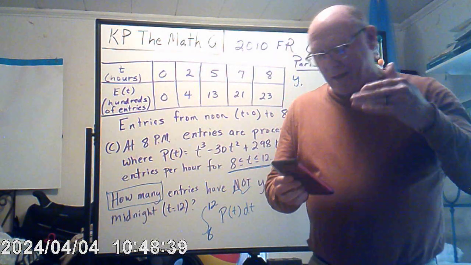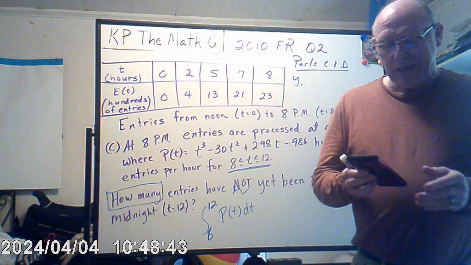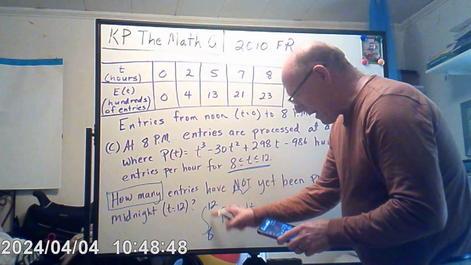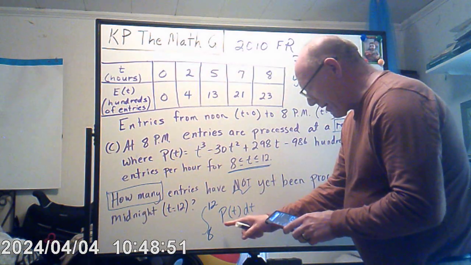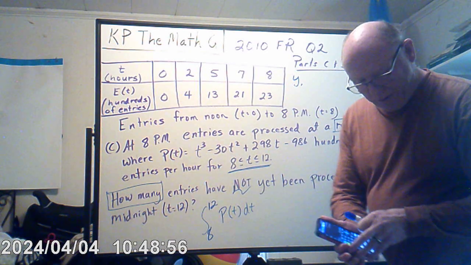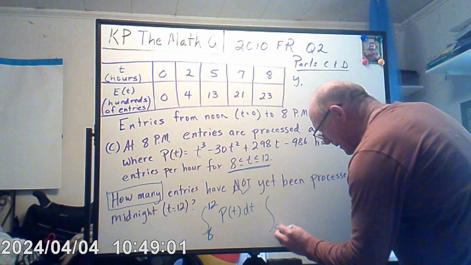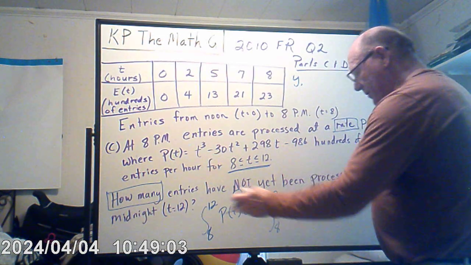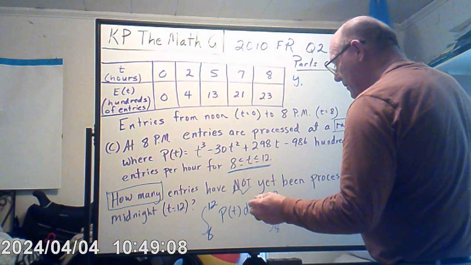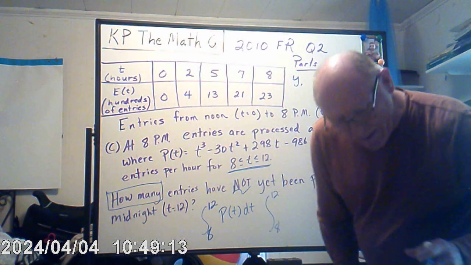Scroll over to y bar, but you want to get the integration symbol first, from 8 to 12. If p at t happens to be y1, it will probably look something like this.